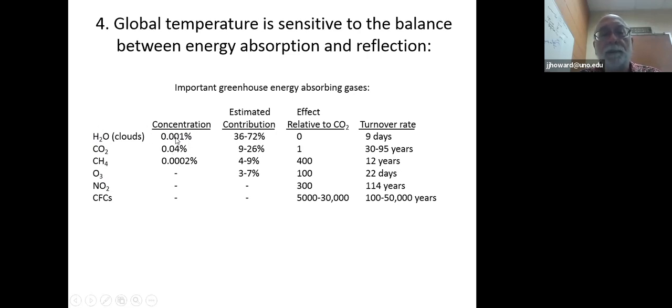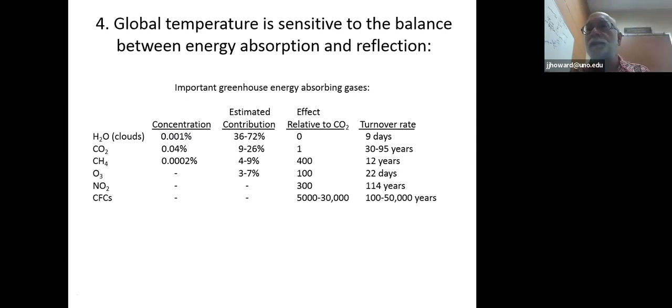Now, water vapor is estimated to contribute over half of the important greenhouse effect naturally, because there's a fair amount of water in the atmosphere. It doesn't build up in the atmosphere to any great extent because, of course, rain.